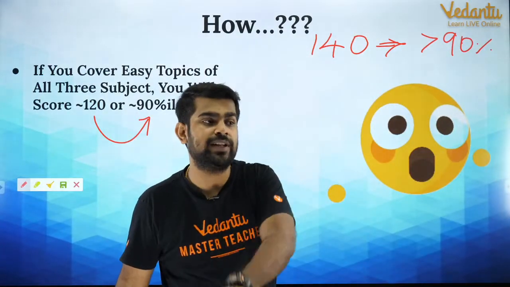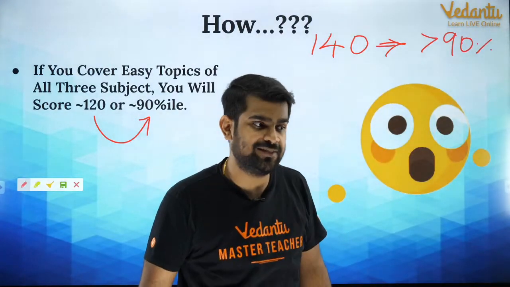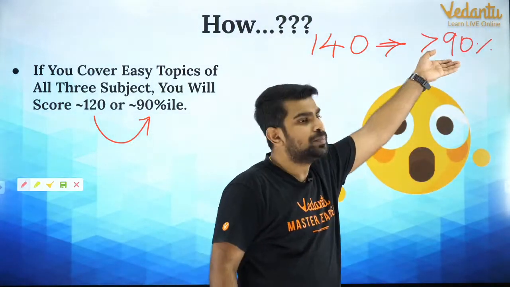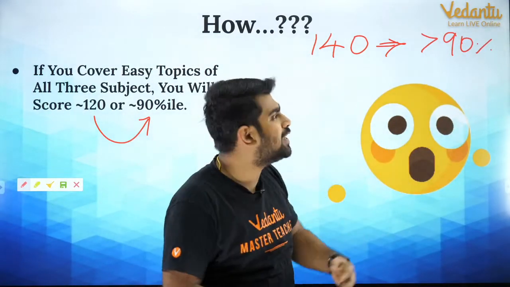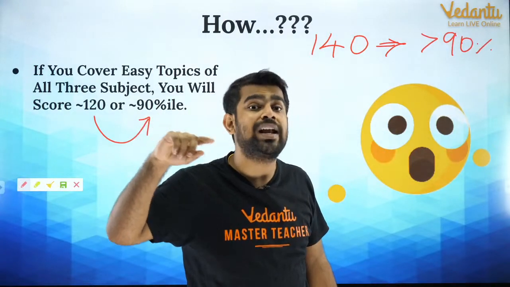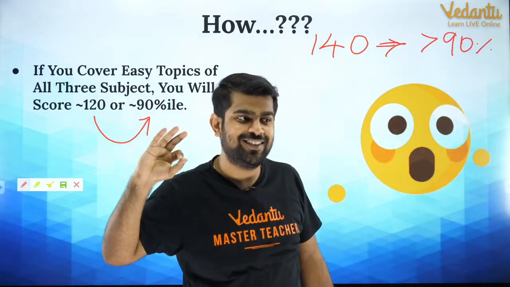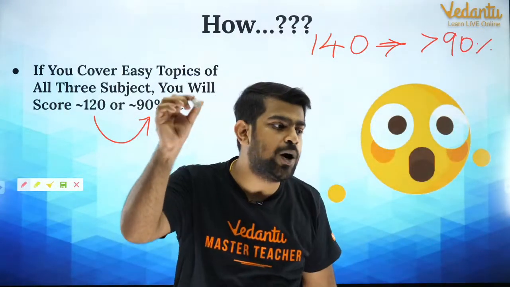But let me tell you one more thing. 90 percentile will not get you top NITs. It is a good percentile. Your parents will think 90% is very great. But do you know that 90 percentile means your rank is around 70,000 to 1 lakh?